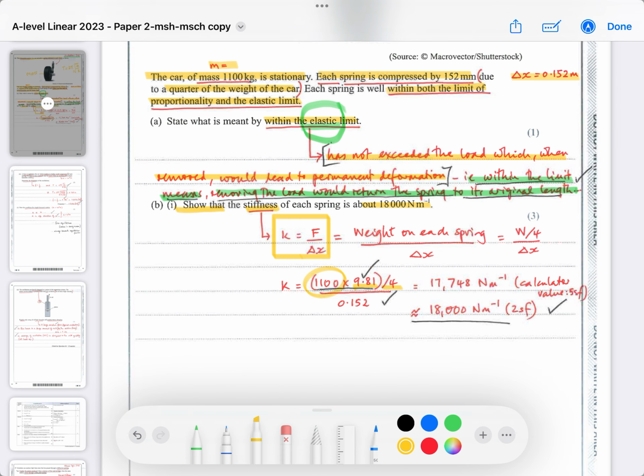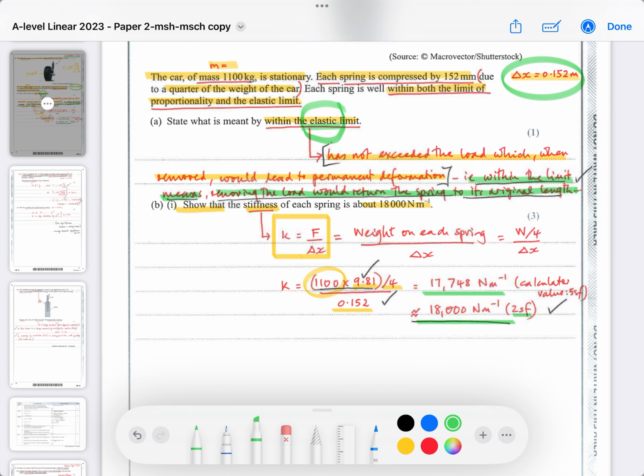Each wheel takes the same weight. Okay, then you divide it by the extension, which you need to make sure you've changed to meters. Okay, so it's all given to you, and when you just put it in the calculator, you get a nice easy 3 marks. Yes, that's the accurate calculator value, if you like, and this is approximately 18,000 to 2 significant figures.